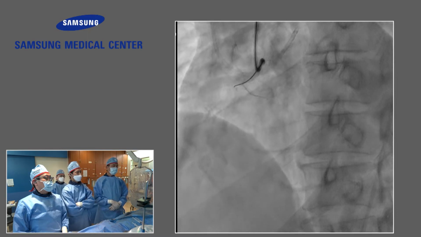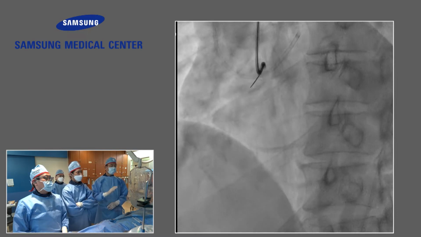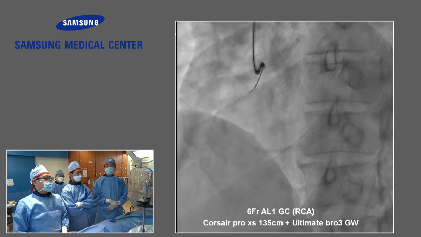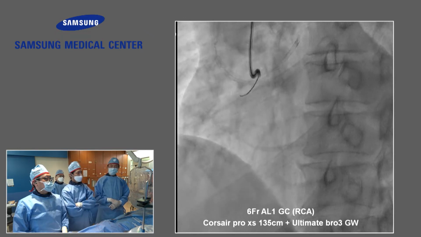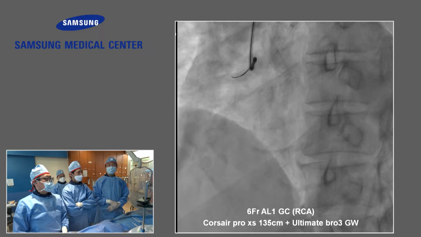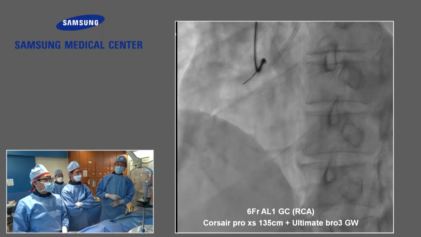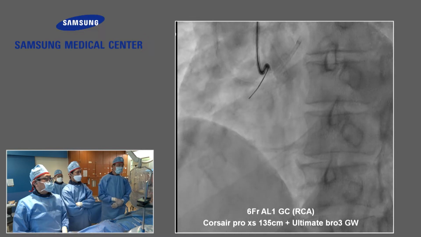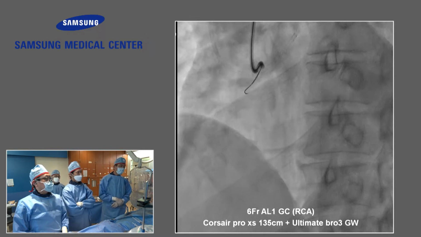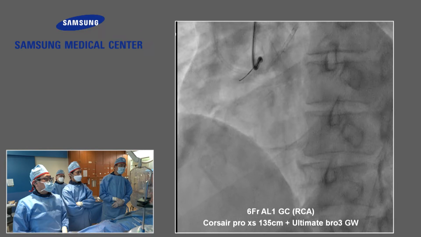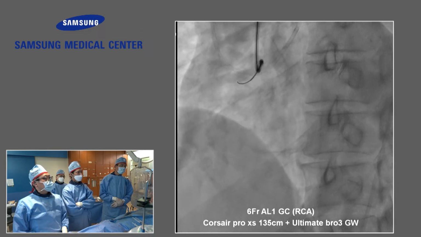Next. My usual practice is to start with the UB3, and if it's not successful within 5 minutes, I change to Gaia Next Second. Then if it's unsuccessful, go to Gaia Third or Conquest. That's my strategy. So maybe you can discuss the selection of wire here.